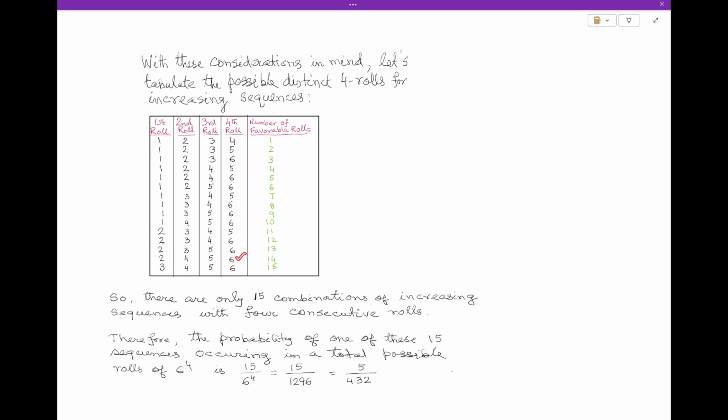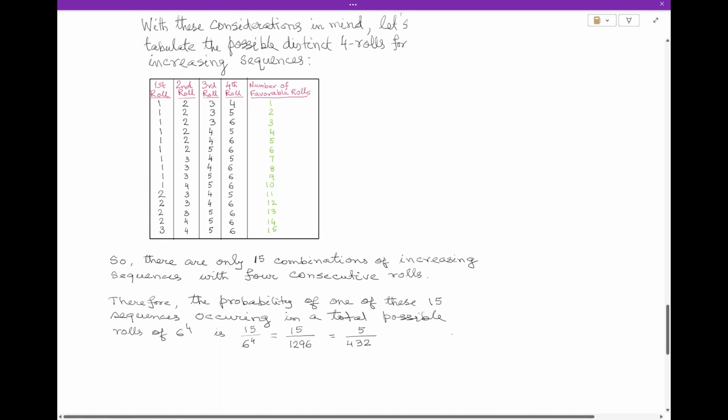When the first roll is 3, then there is only one possible combination, 3, 4, 5, 6. So all these combinations have been counted out in the rightmost column, and that count comes to 15. So there are only 15 combinations of increasing sequences with 4 consecutive rolls.